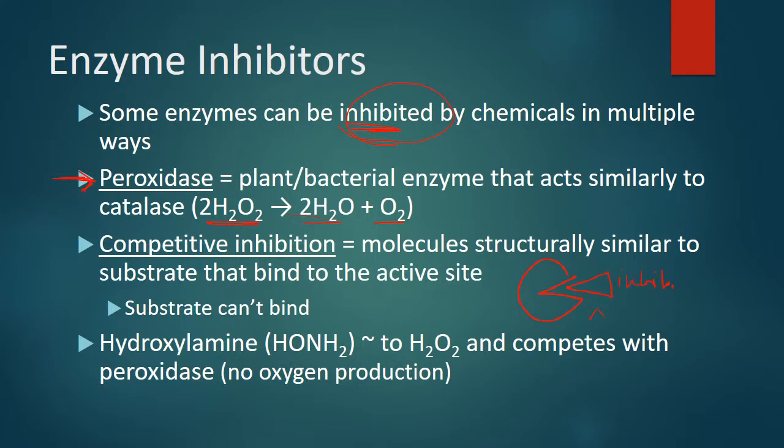And here is our normal substrate, small triangles. Now, if Pac-Man has his face stuffed with pie, as it looks like here, our little substrates can't get in. They can't bind. Pac-Man is gorging on pie, and he can now no longer eat Doritos.